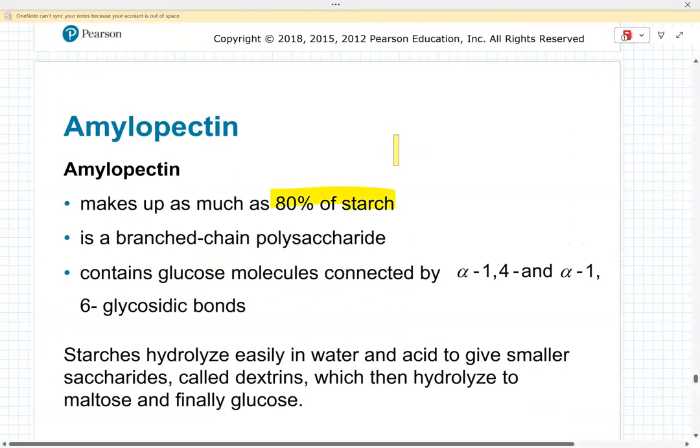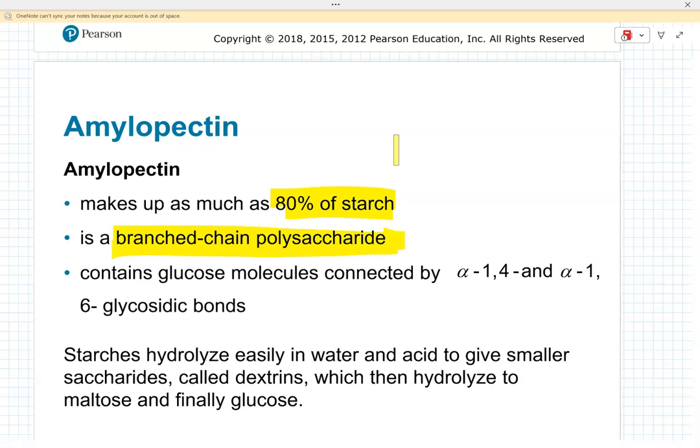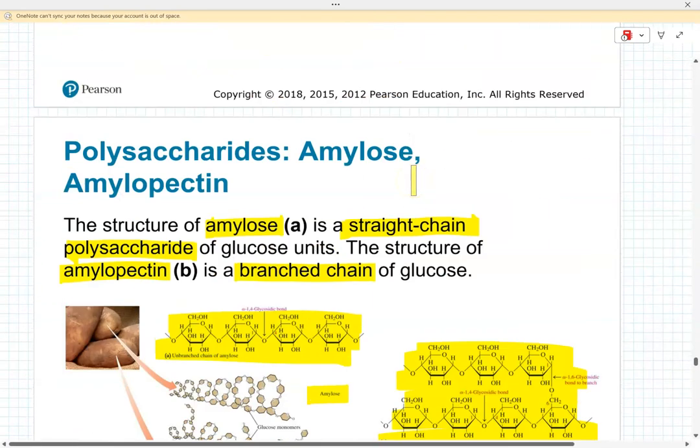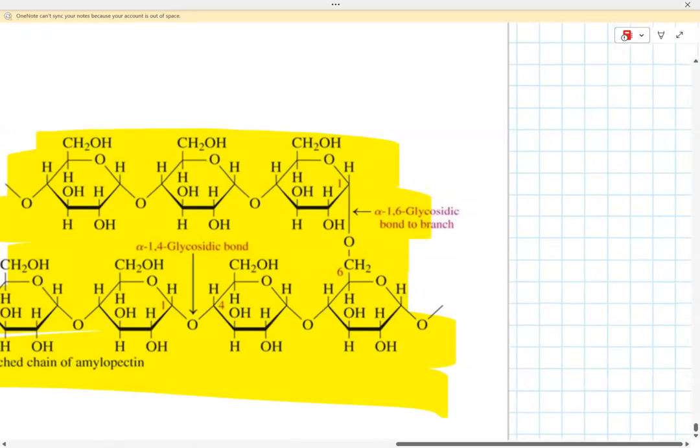Amylopectin, more, 80%. It's branch chain. Okay? And the continuous chains are formed by glucose residues connected by alpha-1,4, just like in amylose. But the branching comes from alpha-1,6. Let me go back to this fella.